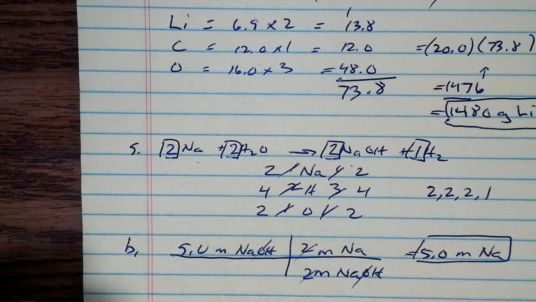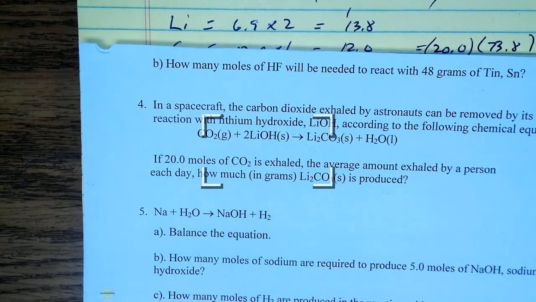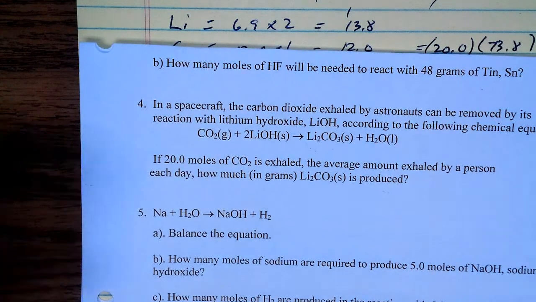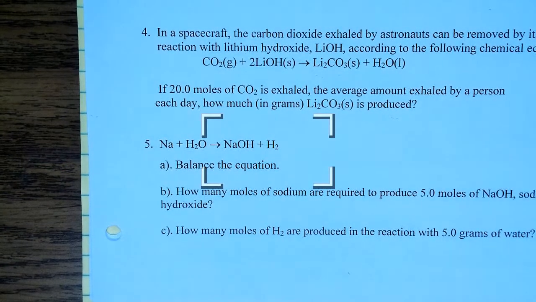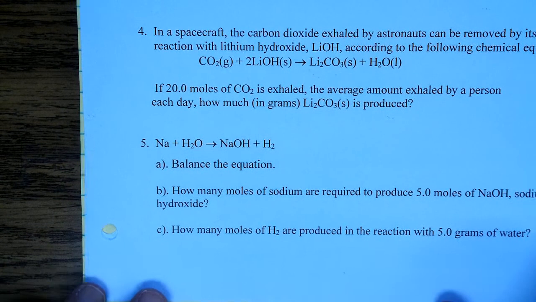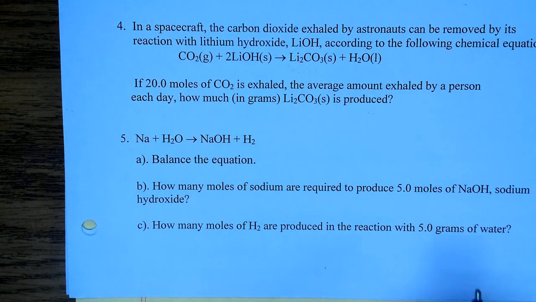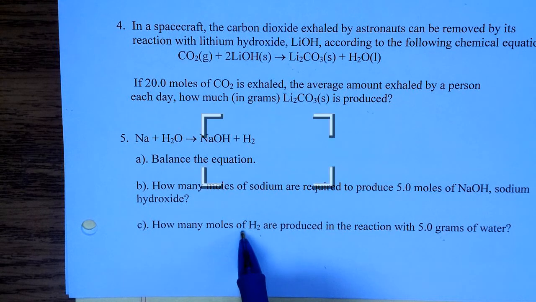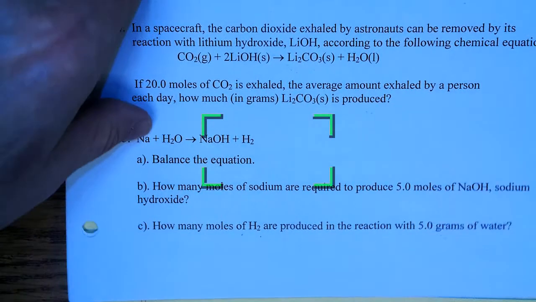Now let's look at C. How many moles of hydrogen are produced in the reaction with 5 grams of water? What kind of problem is this? Well, you're starting with grams of water, so it's mass A. And you're going to go to moles of hydrogen, that's moles B. So you're going to go mass A to moles A to moles B, 2 steps, and you're done.